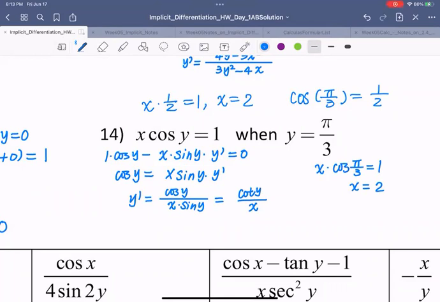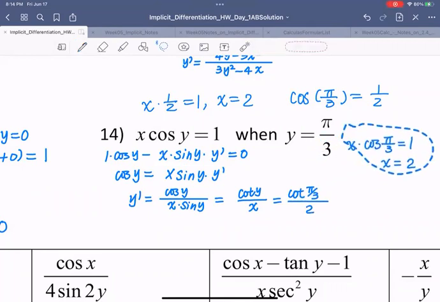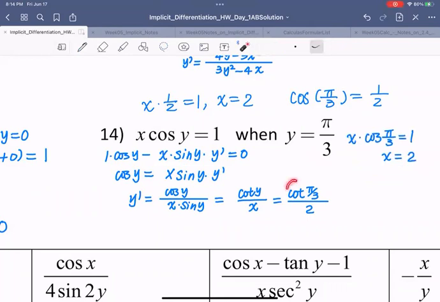Then this is cotangent y. Cotangent pi over 3 is how much? This is the same as 1 over tangent pi over 3, right?